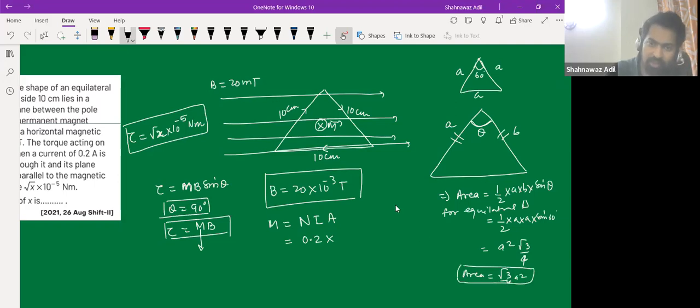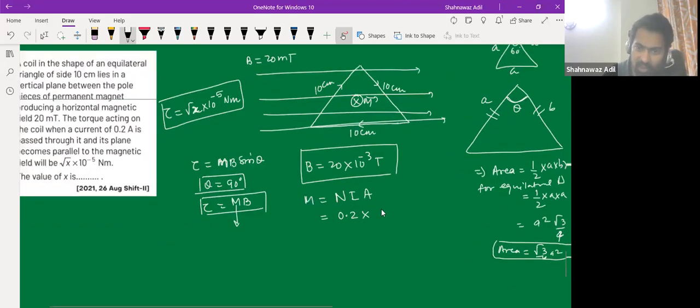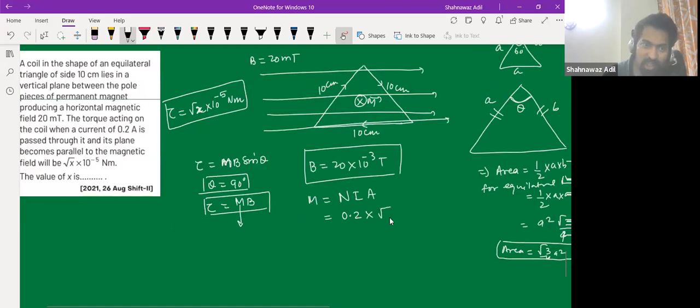So if we put this value in here, this is root 3 and A squared. A is 10 centimeter, which is 10 divided by 100. Similarly, 10 divided by 100. So this part cancels, this part cancels, this becomes again 10, this part is 5, right?